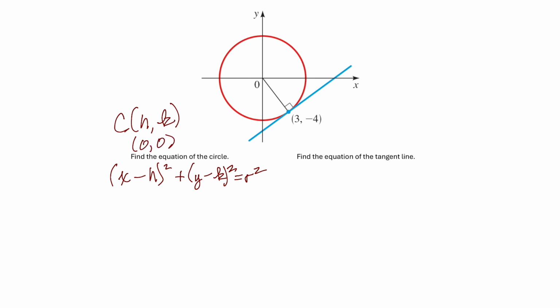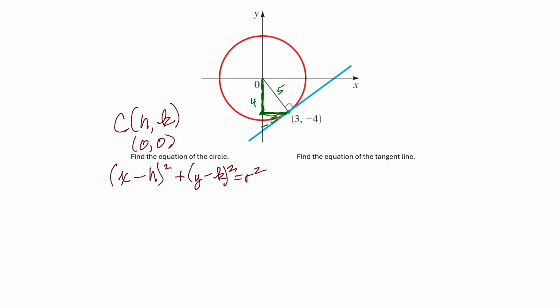So nothing differently to do there. But I do need to figure out what this radius squared is. So that's the radius, this line right here, or this segment. Let's go ahead and figure that out. If you think of it this way, let me switch colors. If I go down 4 and right 3, I have a 4 and a 3.